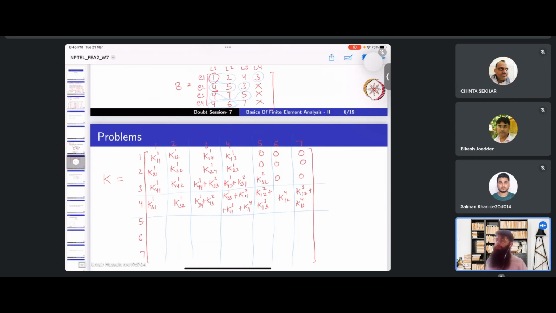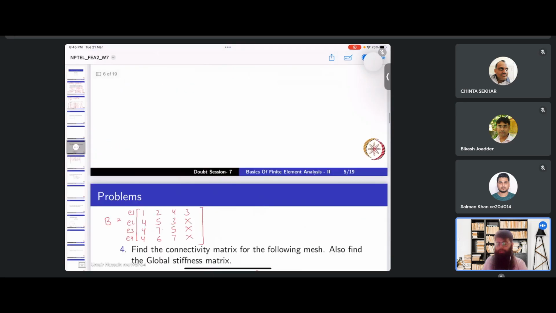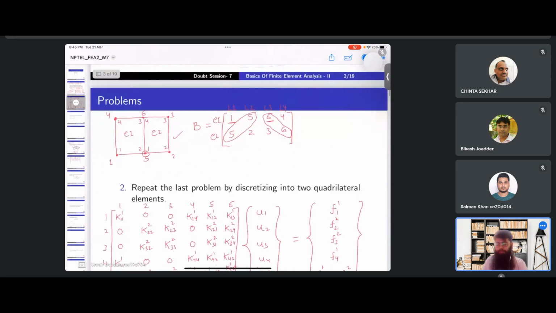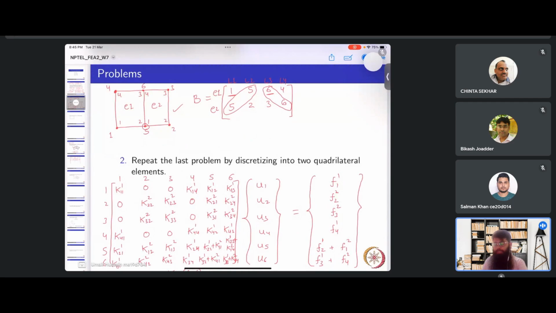So I hope this was also a good exercise to assemble the stiffness matrix by just looking at the connectivity matrix. Earlier I had shown the mesh also, so it's easier to look at the mesh and fill the stiffness matrix.